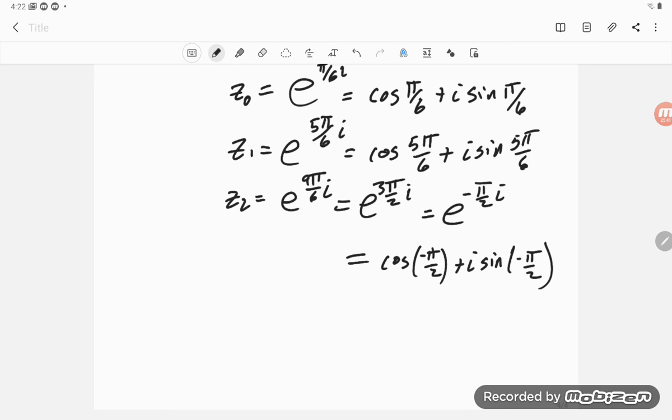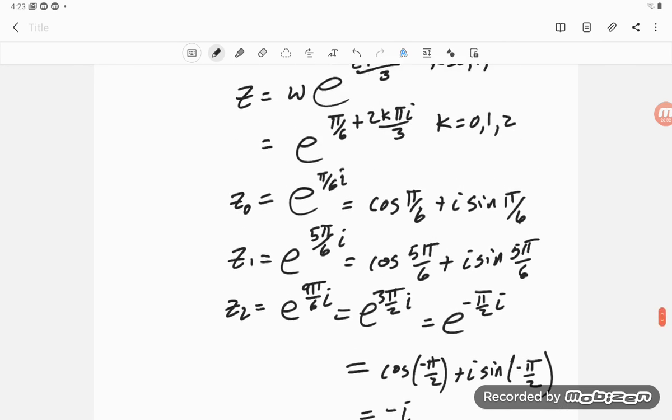Okay, and now this last one, I know cosine of minus pi over 2 is 0 and sine of minus pi over 2 is negative 1. So I can very quickly see that that's minus i. The others I'd have to think a little bit about as to what they are in terms other than cosines.